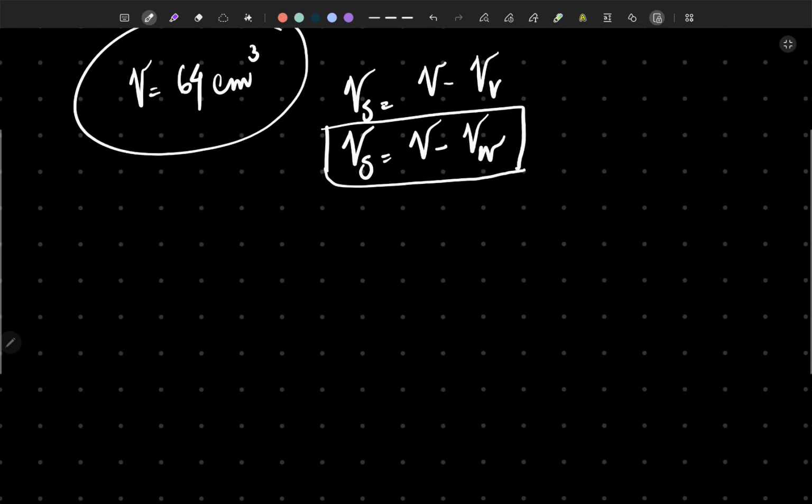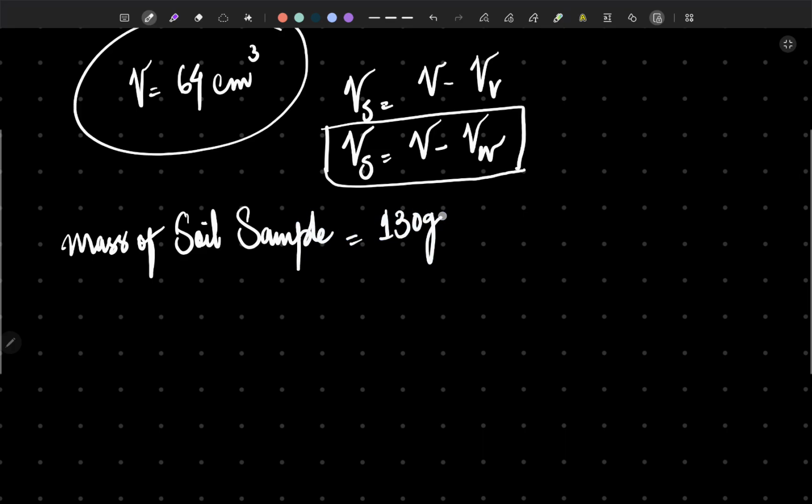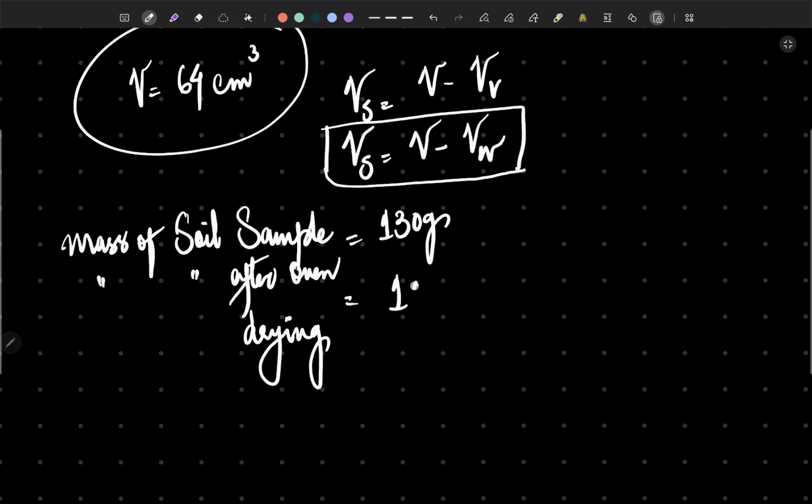See, what was the mass of this sample? Before oven drying, it was 130 grams. What was mass of this soil sample after oven drying? It was 105 grams.